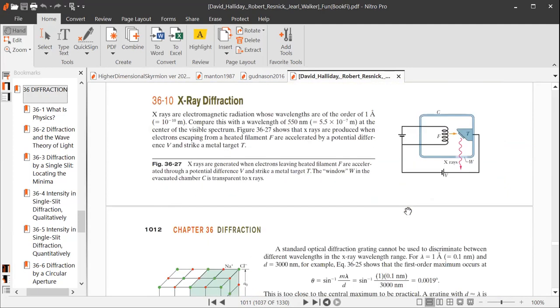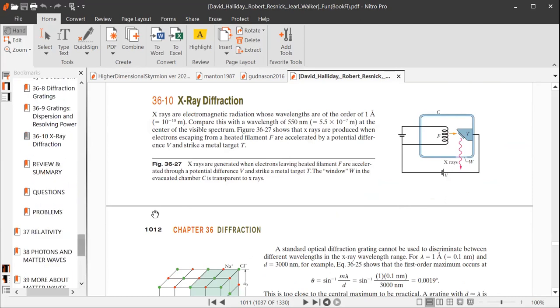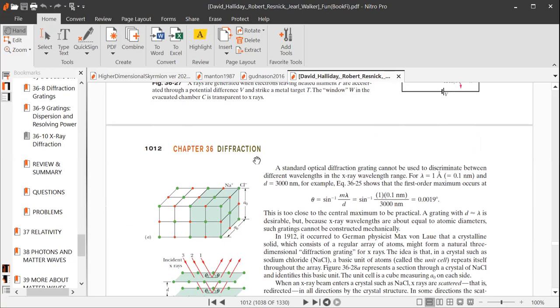Okay, we come to the end of this X-ray diffraction. Basically, X-ray diffraction is used to uncover, to show the shape of the crystal.